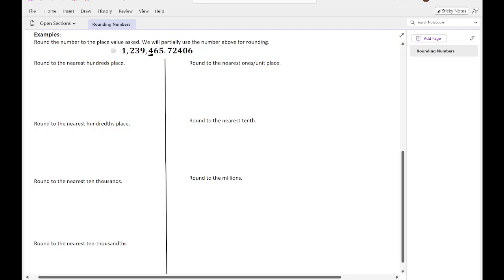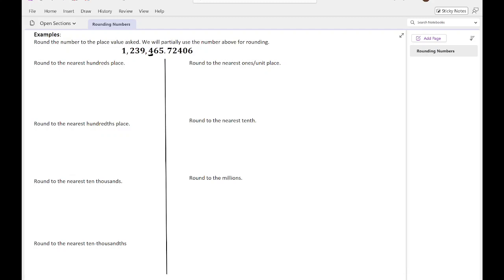So do I need to round it up or leave it the same? Easiest way to find out is just to look at the number to the right, which is going to be the 6. It is obviously more than 5. So that means I'm going to take 4 and add 1 to it.